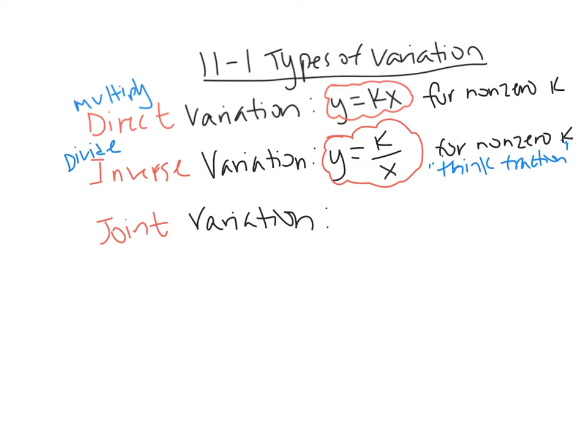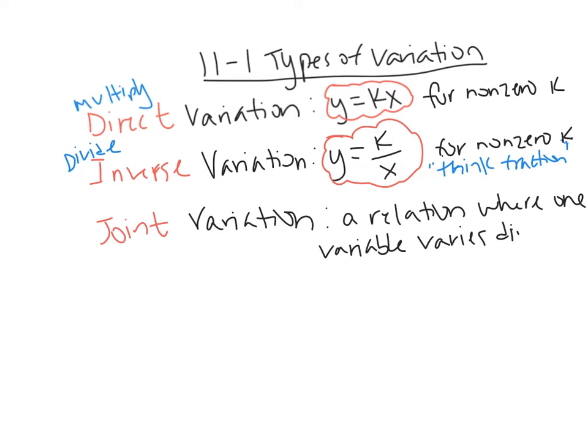So joint variation is a relation where one variable varies directly with each of 2 or more variables.